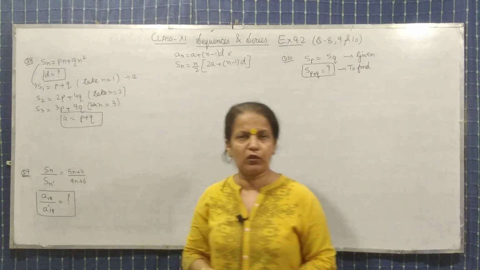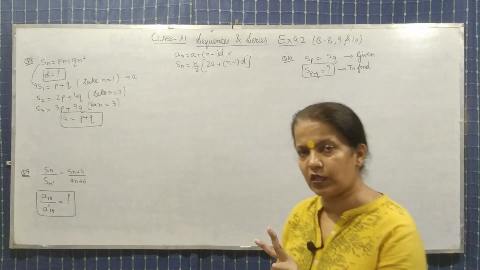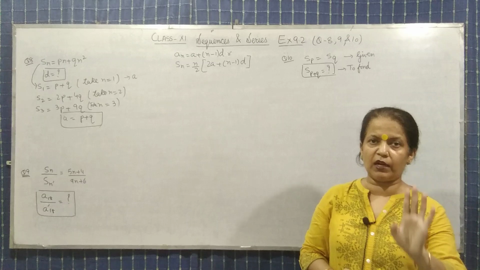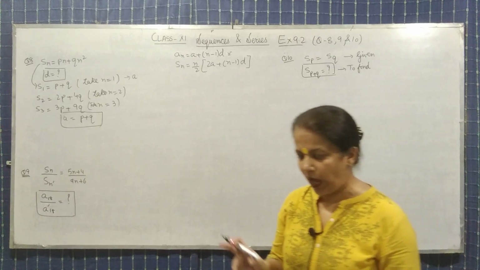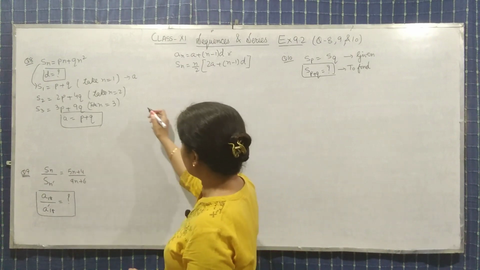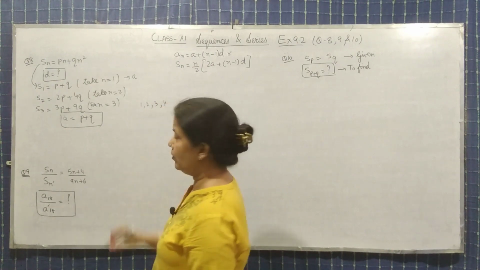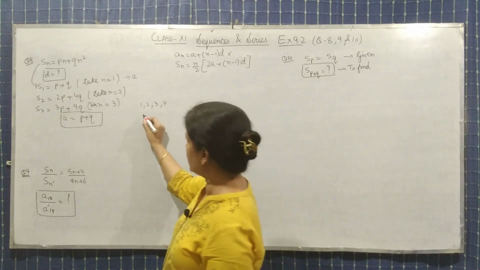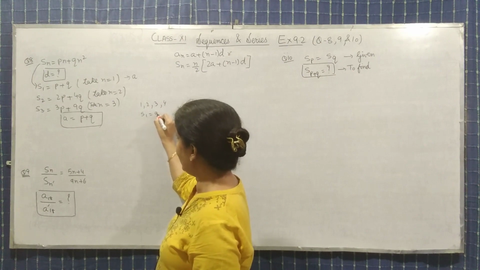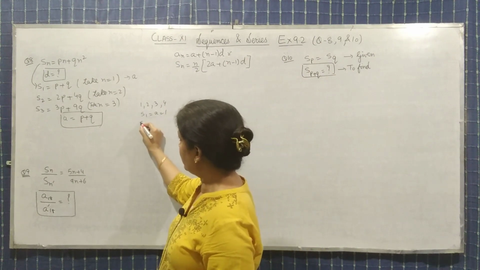How will you find out the D? From the first two terms, if we subtract the first term, take the example. Terms are these. The sum of the first term is S1, or A1 is 1. What about the first two terms sum?